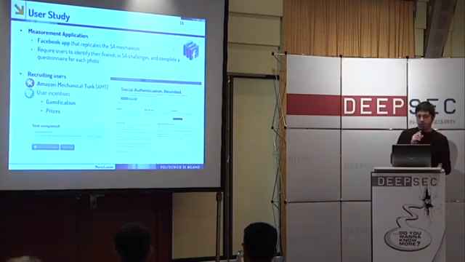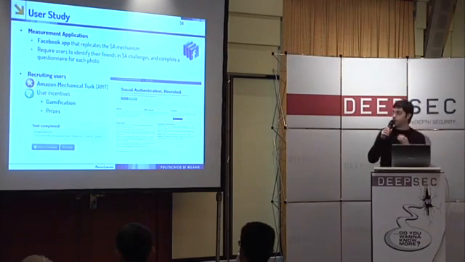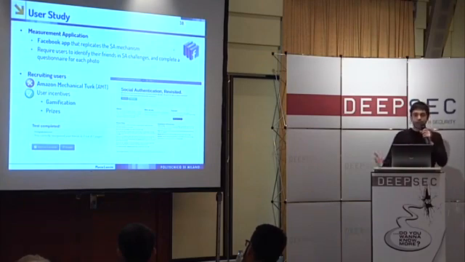So we created a Facebook application that replicates the social authentication mechanism of Facebook, and we required users to identify their friends and complete a questionnaire. Now, we had the problem to recruit users. We started exploring the possibility of using Amazon Mechanical Turk, but asking the users on Amazon to install a Facebook application or redirecting them outside Amazon, even to fill out a survey, violates the Amazon terms of service.